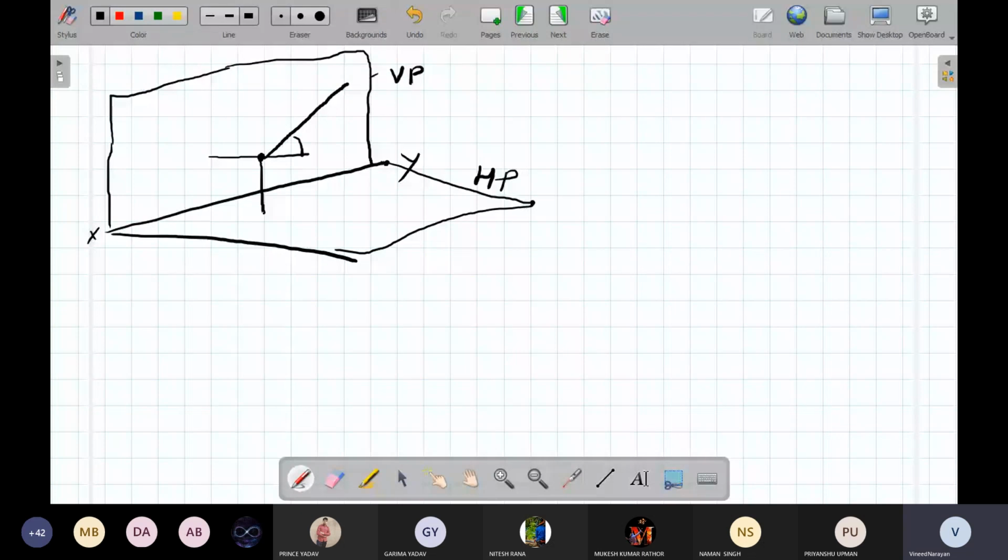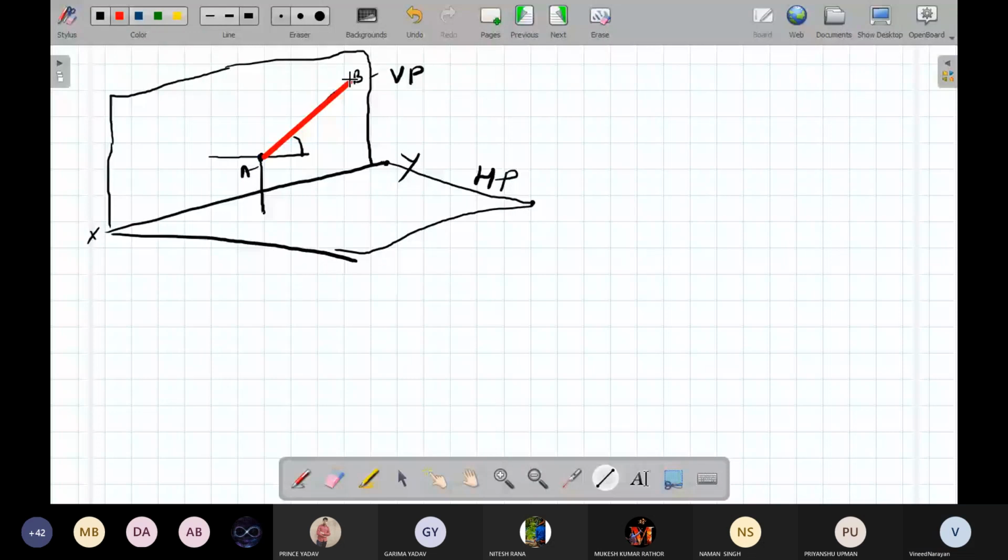In your home you can try how this really happens. So my line, let's say AB, is inclined to the horizontal plane. I will give this line a red color for better understanding.